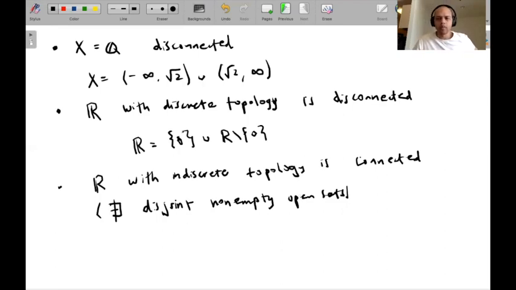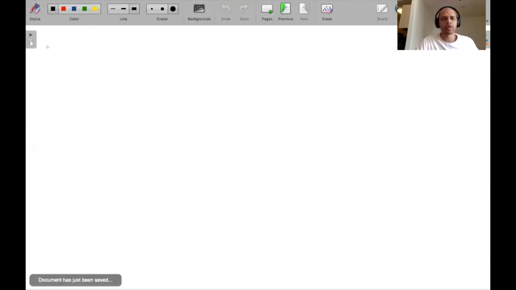All right, the first thing we would like to prove is that R with the standard topology is connected.